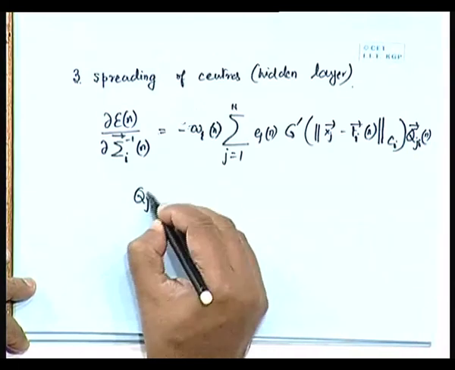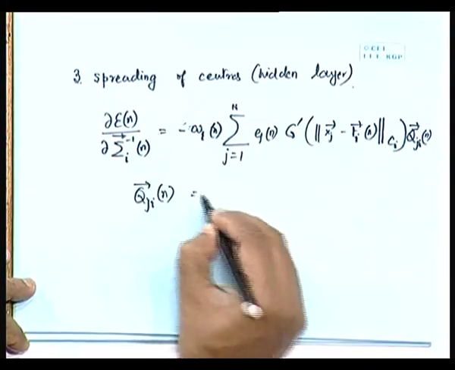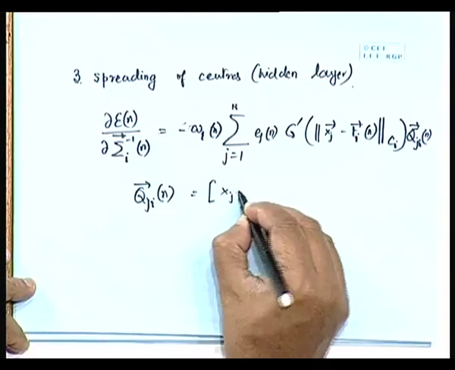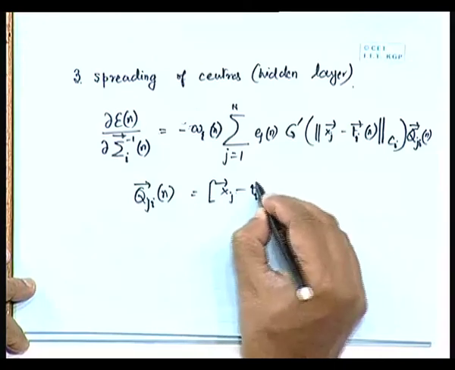Q_ji(n) is actually the outer product matrix which is obtained using x_j minus T_i(n).